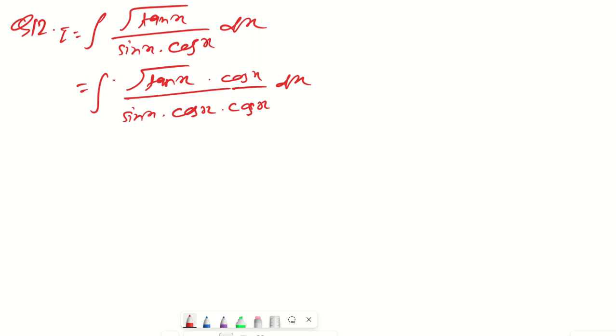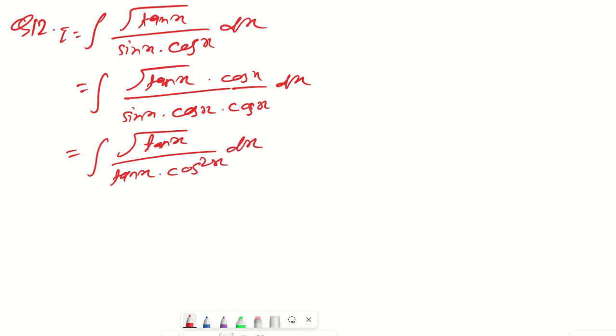So we are going to get square root of tan x, and if one of the cos x goes down, it will become sin by cos, that will become tan x. So we are going to get integration of square root of tan x divided by sin by cos, that is again tan x, into cos square x.